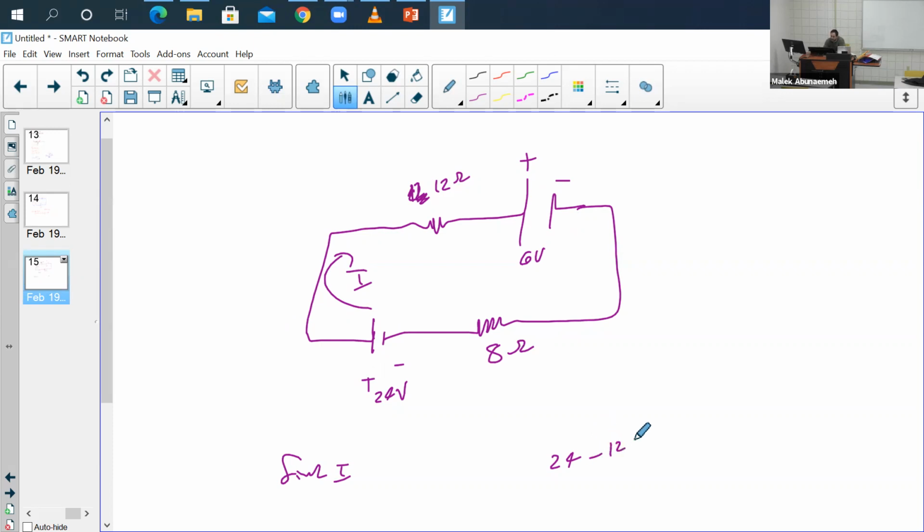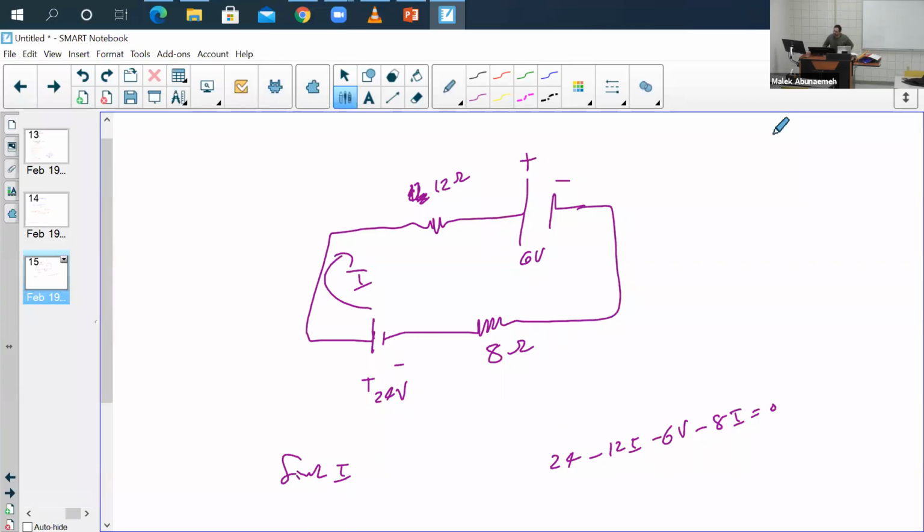So it'll be minus 12I minus 6 volts minus 8I is going to equal 0. That means 24 and 6, that's 30.